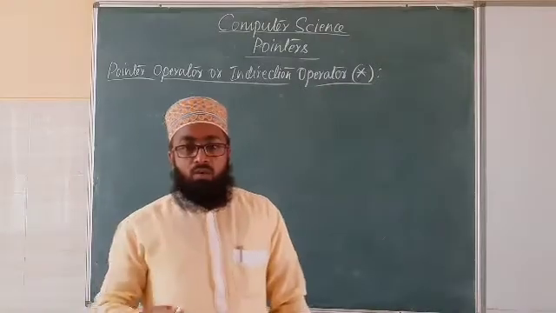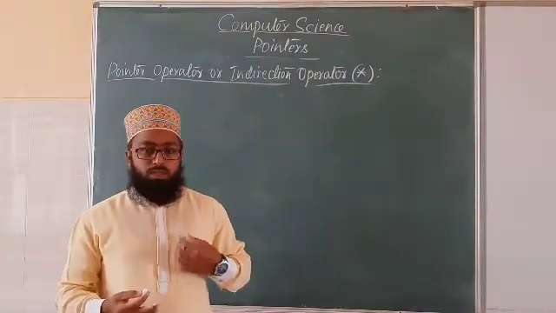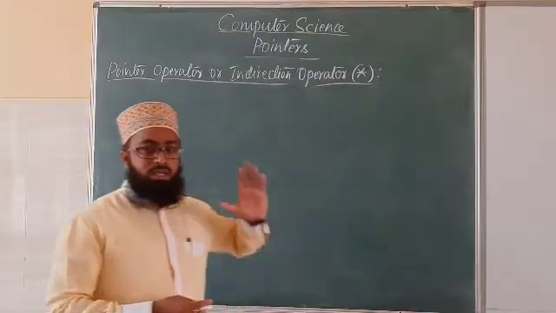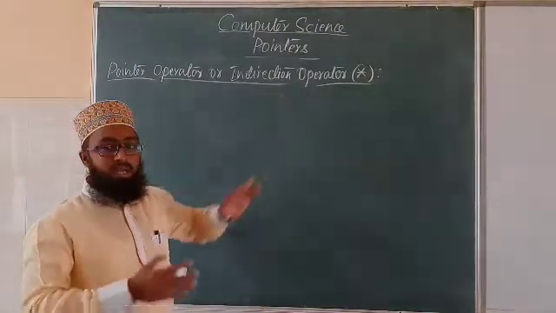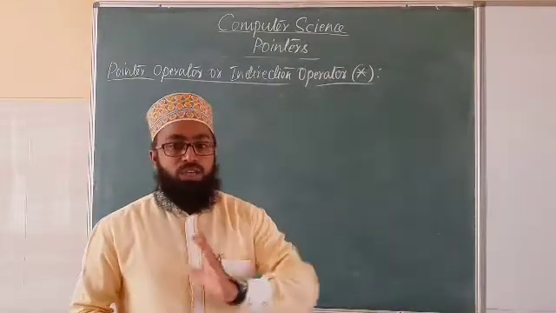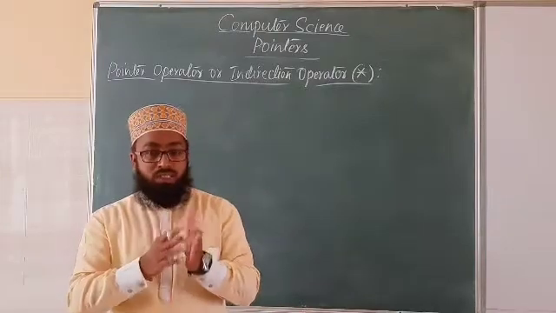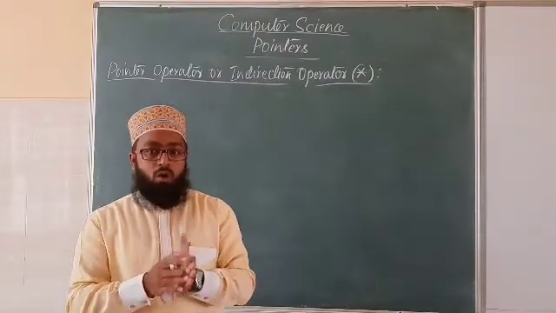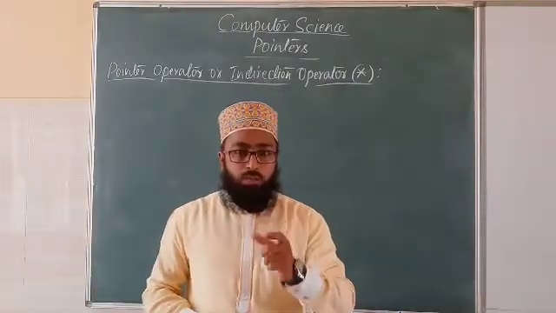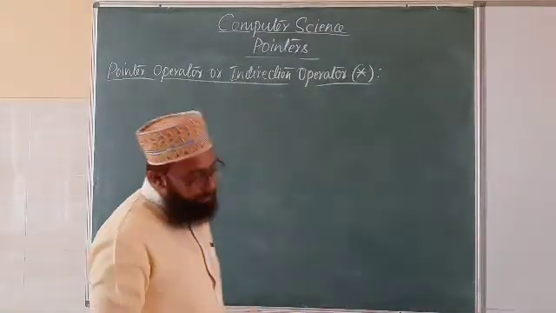Come, we shall see the working of this pointer operator. So far we have been using this pointer operator with every pointer wherever it comes in a program. Now we need to understand how it can be used and what it has to be used for.